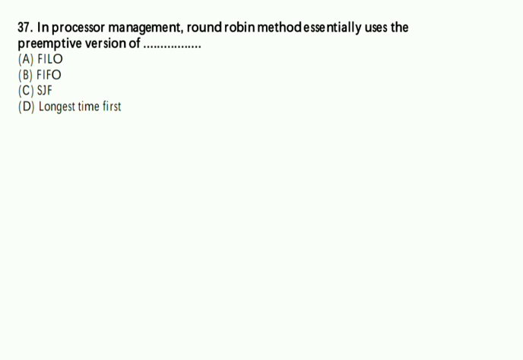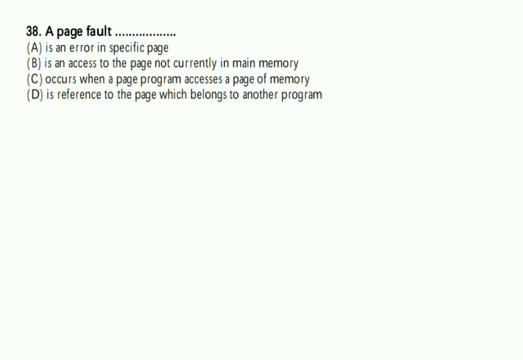Round-robin scheduling can be used as an alternative to the first-come, first-served scheduling algorithm. FCFS is not given here, it is given as FIFO, first-in, first-out. So it is a preemptive version of the first-come, first-served scheduling algorithm, also called the FIFO scheduling algorithm, FCFS or FIFO. Option B is the correct one.